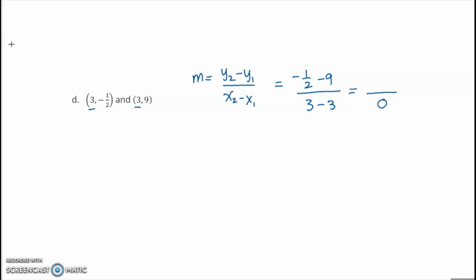Whatever the numerator is, even if you don't compute for that numerator, as long as you see that the denominator is equal to 0, we have a slope here that is undefined. So if the slope is undefined, that means that we have a vertical line.